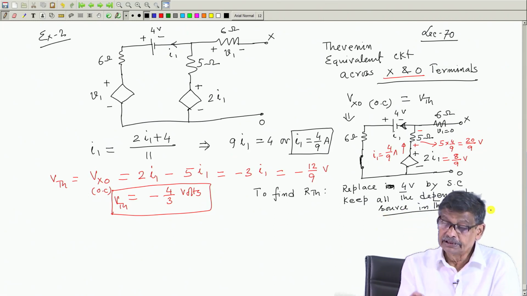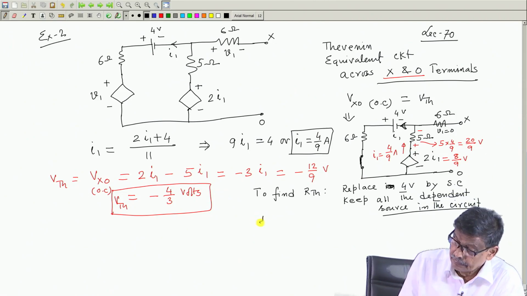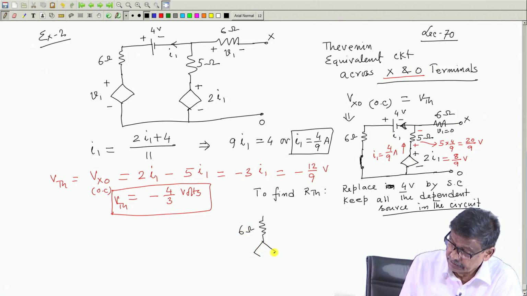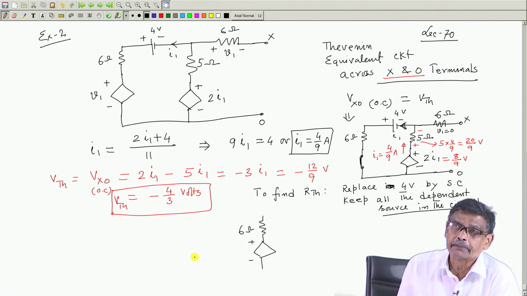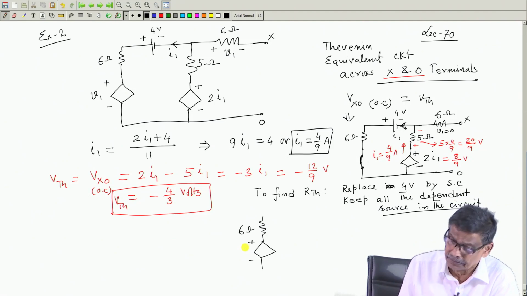Okay. So, the network will look like 6 ohm, dependent source I should not play with, let it be in the circuit. Here many students make mistake, sources should be replaced by their internal impedance. No, if it is dependent, do not replace them, V 1.